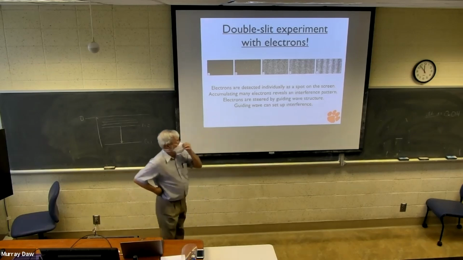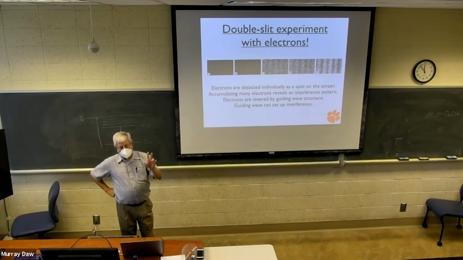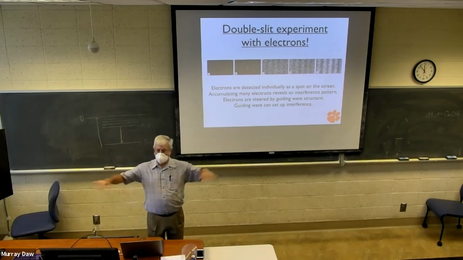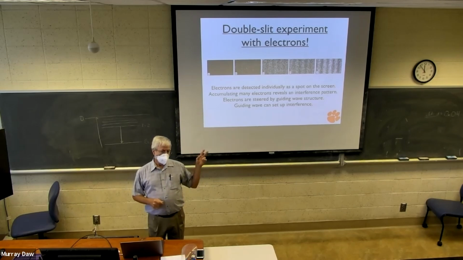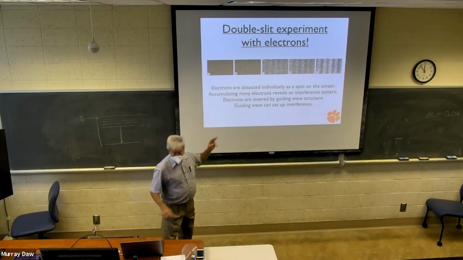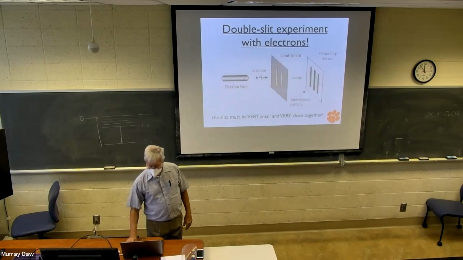Okay, so this is showing that there are two entities that are involved. There's not one that's both particle and wave. That makes no sense. You can't have something that's both localized and extended at the same time. Can't be. This means that there are two things going on here. The guiding wave is going through the slits, and the electron is going through one of the slits, one or the other.